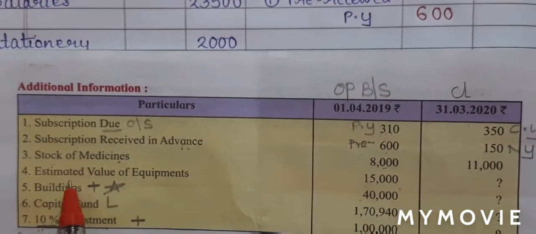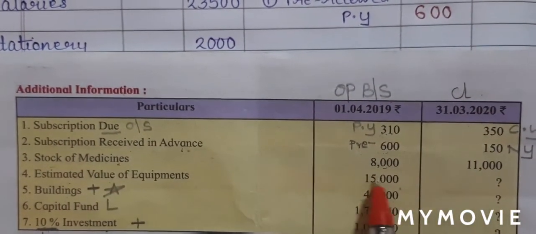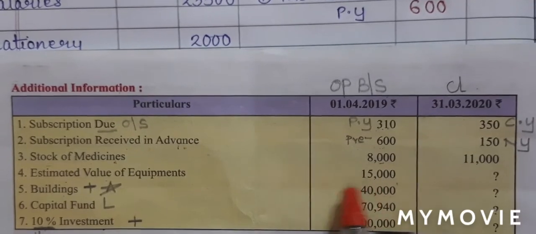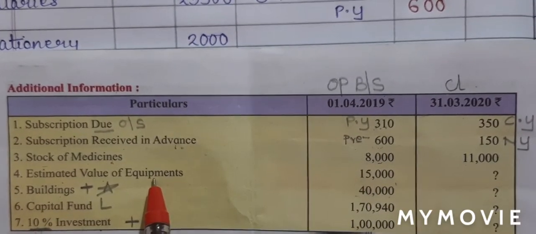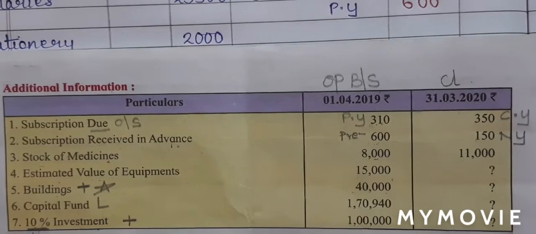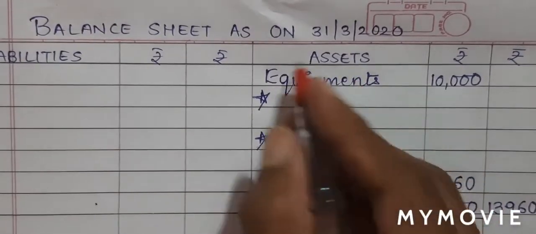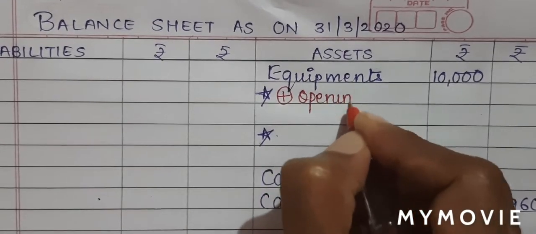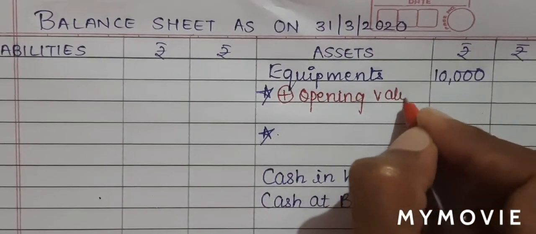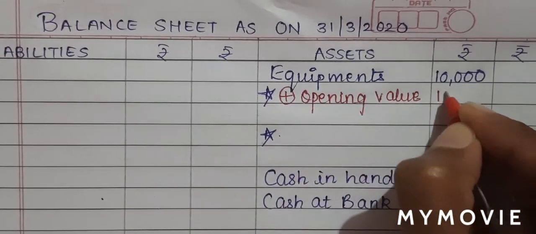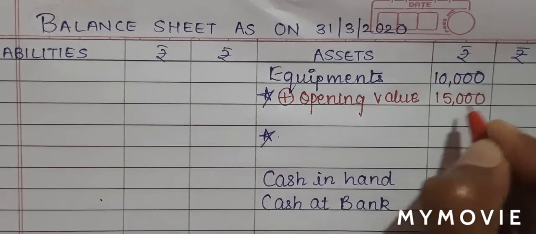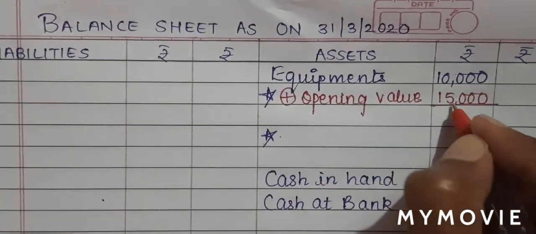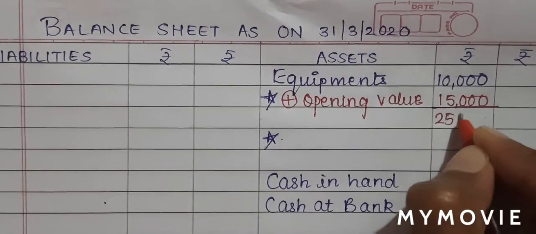Next is estimated value of equipment, rupees 15,000. So I will have to have opening balances of equipment. So on the asset side, I'll say add opening value, which is 15,000 rupees. So 10,000 plus 15,000 will give me 25,000.